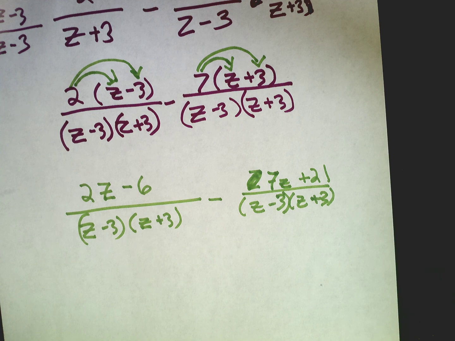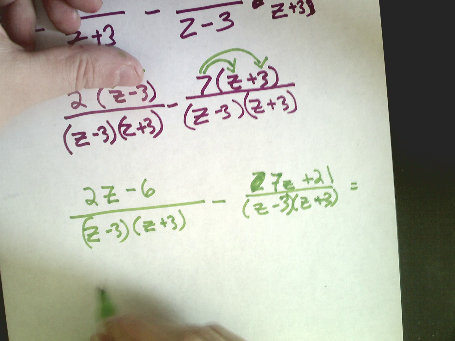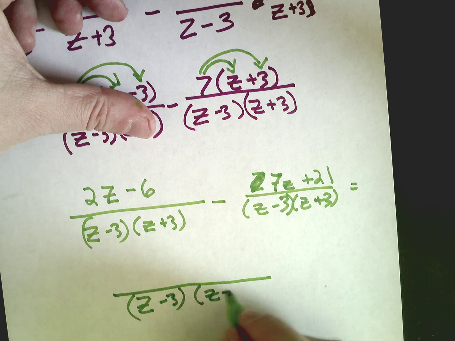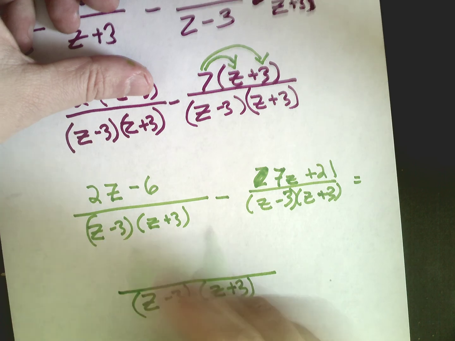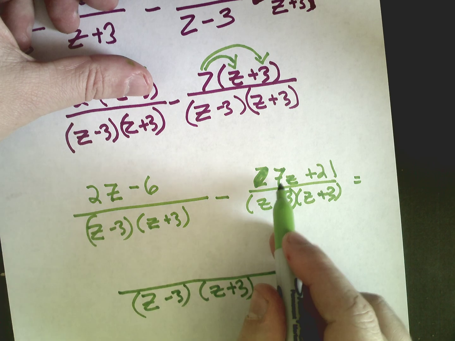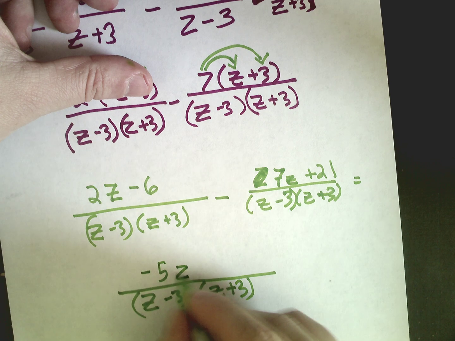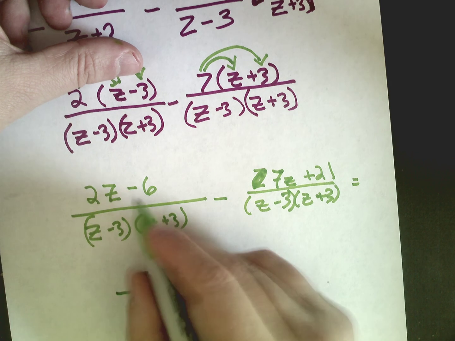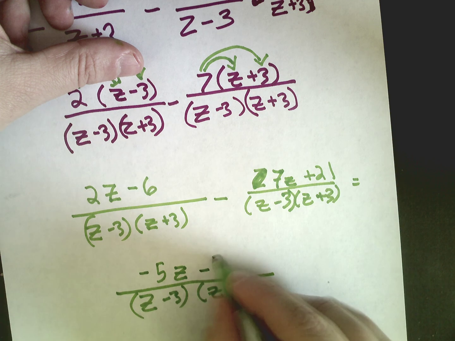Now combine like terms. I keep the denominator, z minus 3, z plus 3. It's annoying to write them a bunch of times, but we have to keep track of everything. So here's my work: 2z minus 7z is negative 5z. Negative 6 minus 21 is negative 27.